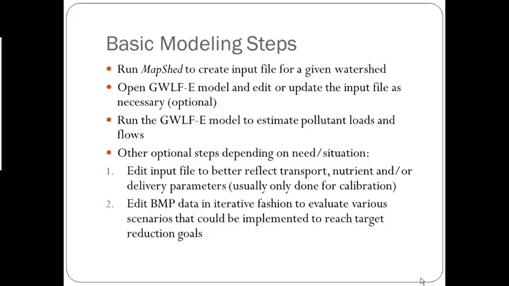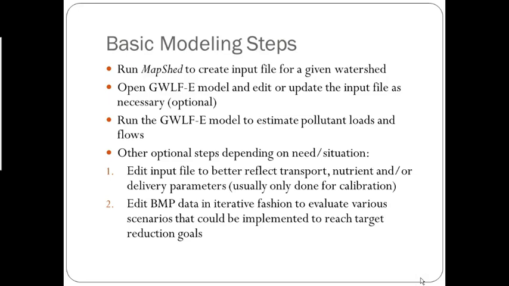With this final slide, I would like to summarize the basic modeling steps that one would utilize to estimate pollutant loads for a given watershed using the MapShed modeling tool. We would first run MapShed to create the input file for a given watershed. After the input file has been created, you could then open up the GWLFE model and edit or update the input file as necessary.